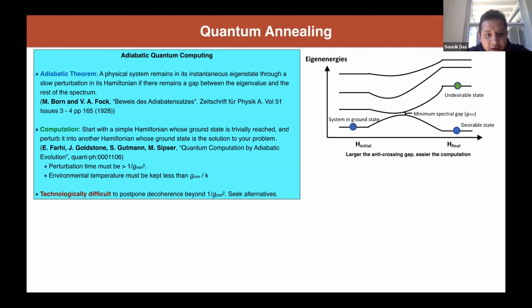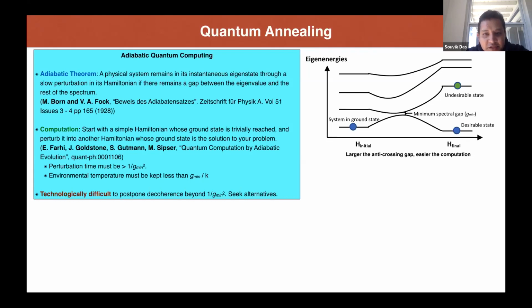The only drawback is that the time you take to perturb your Hamiltonian from H initial to H final has to be at least greater than one divided by the square of the minimum energy gap between the lowest eigenstate and the next to lowest eigenstate. Also, experimental temperatures have to be kept less than G-min divided by the Boltzmann constant.